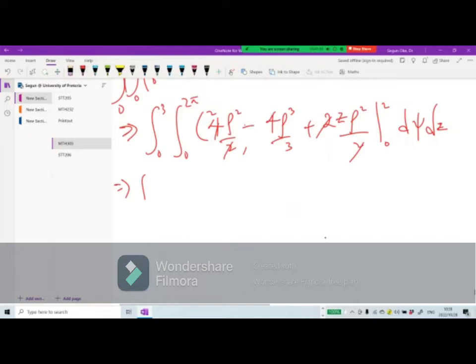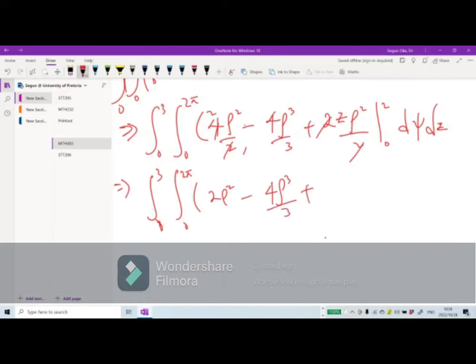So at the end of the day, what do I have? I have 0 to 3, 0 to 2 pi. So you have 2 rho squared minus 4 rho cubed over 3 plus z rho squared.